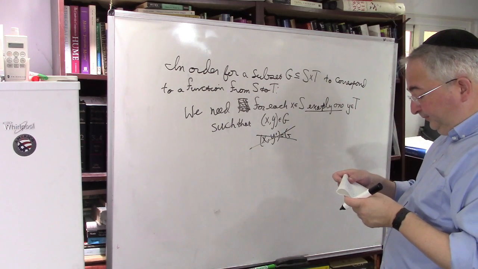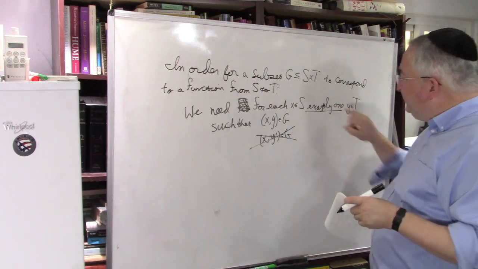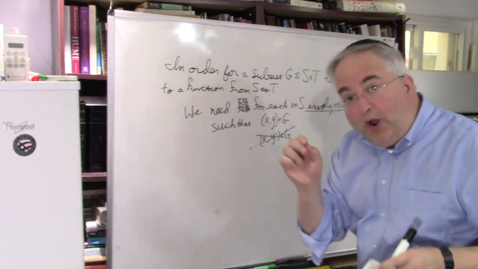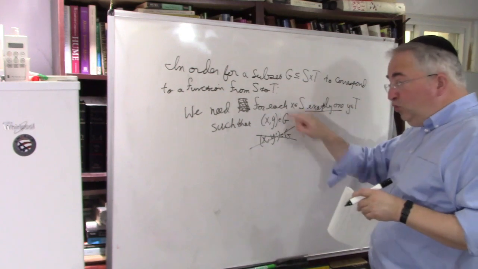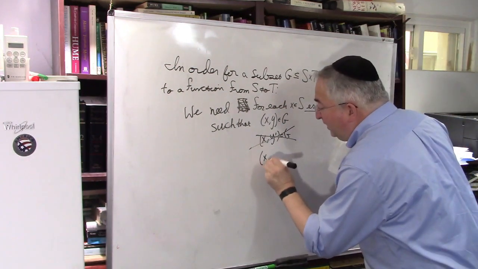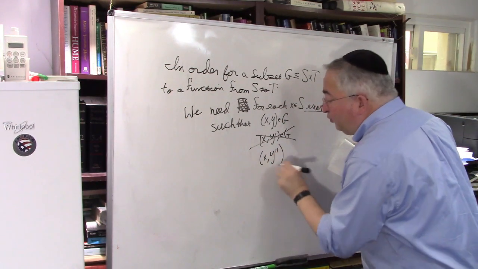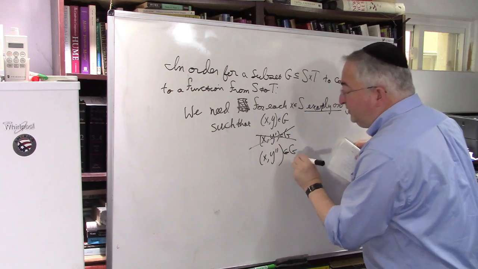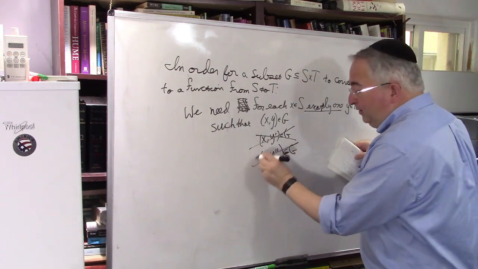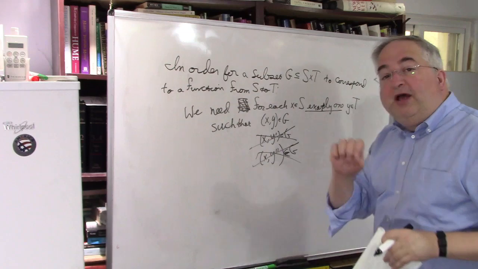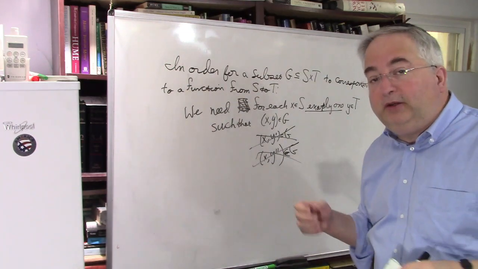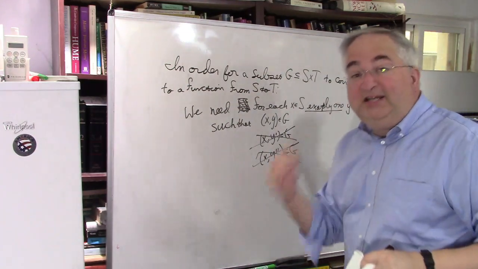Okay? But exactly one means one, not two, definitely not 3. Bad. Okay? Well, what else does exactly 1 mean? It means not 0.